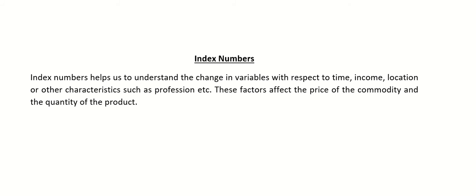Now, what do we do in index numbers? We see the changes in price and the quantity of a product with respect to various independent variables and see what is their effect on the variables.